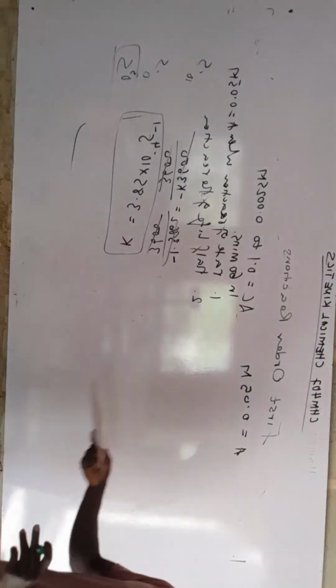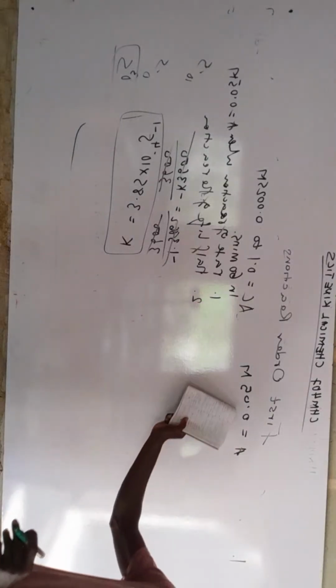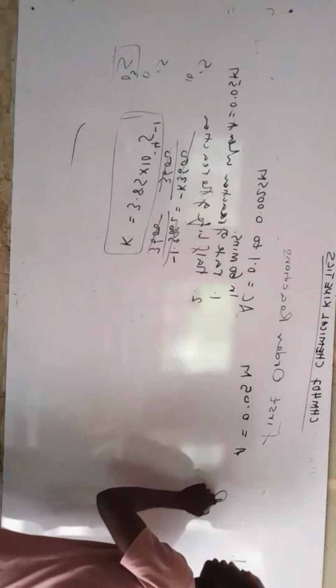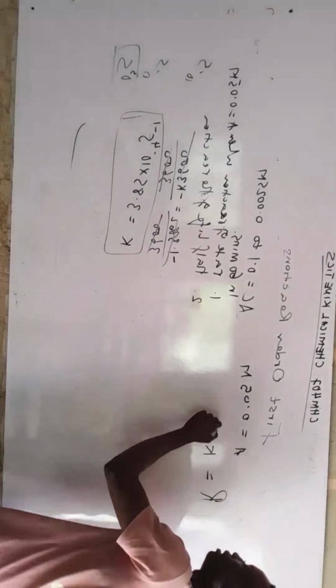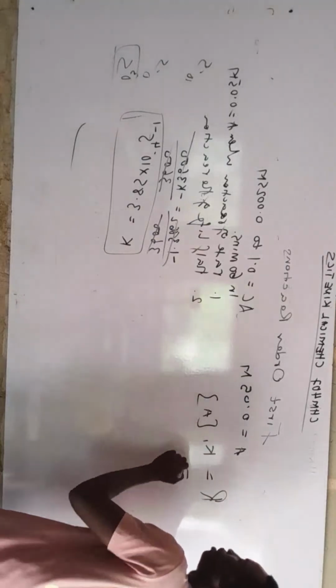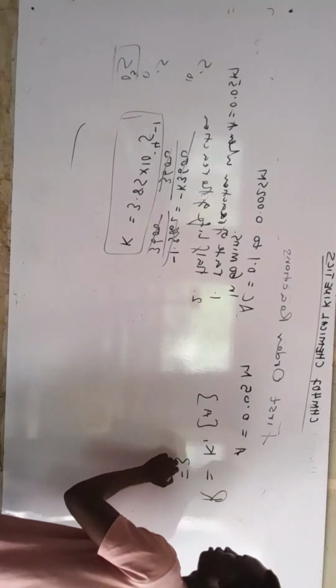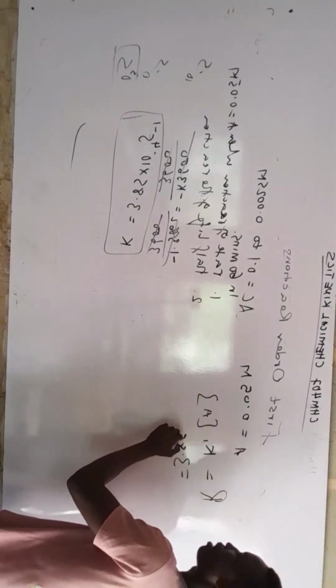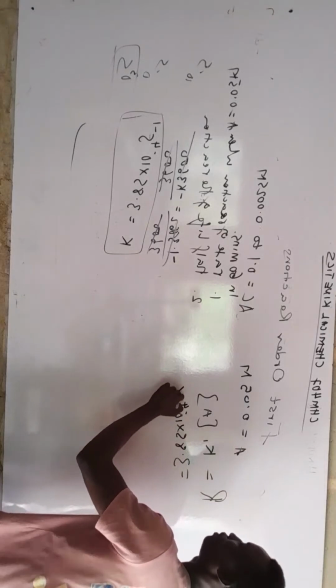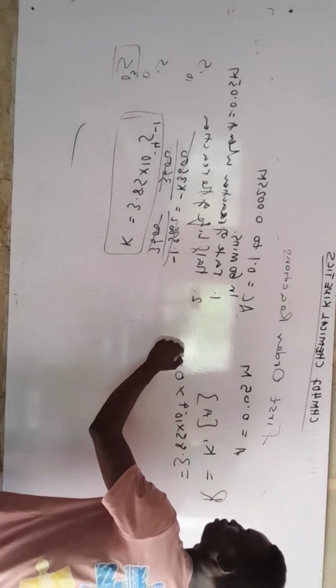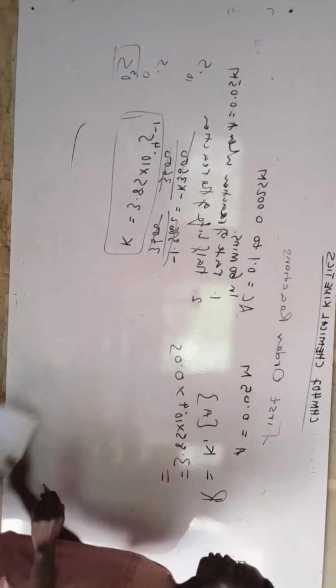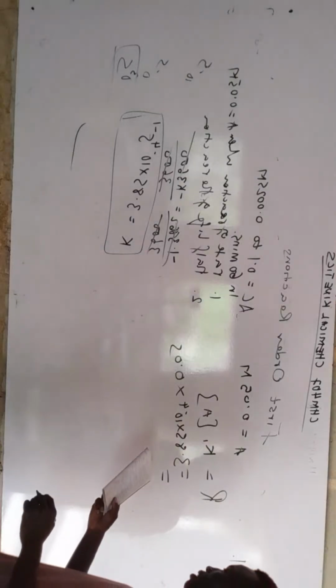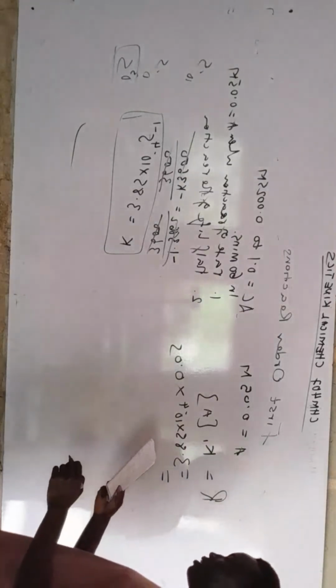Pardon me for that. So since our A is now at 0.05, recall rate R equals K times the concentration of A. Our K has been calculated to be 3.85 times 10 raised to power minus 4, times 0.05. Then what are we going to do? Multiply these.